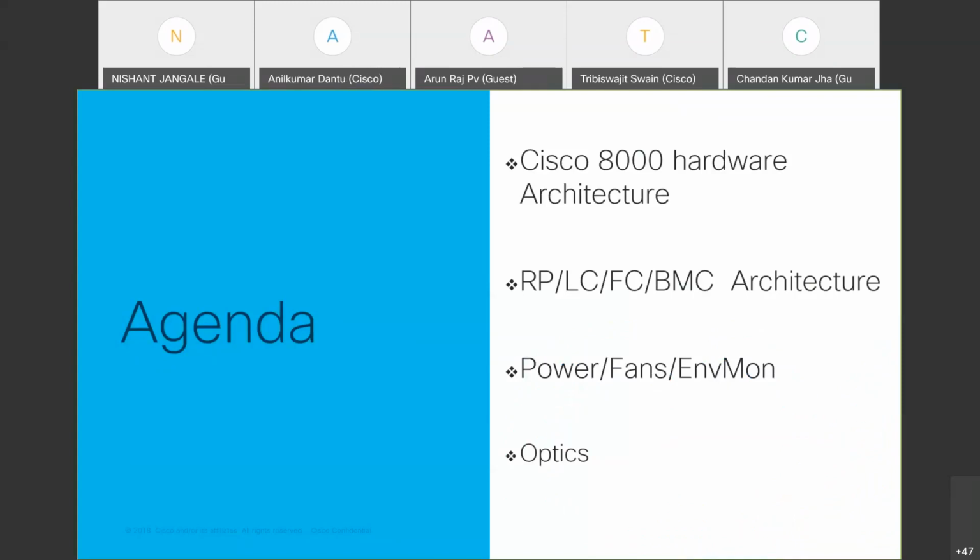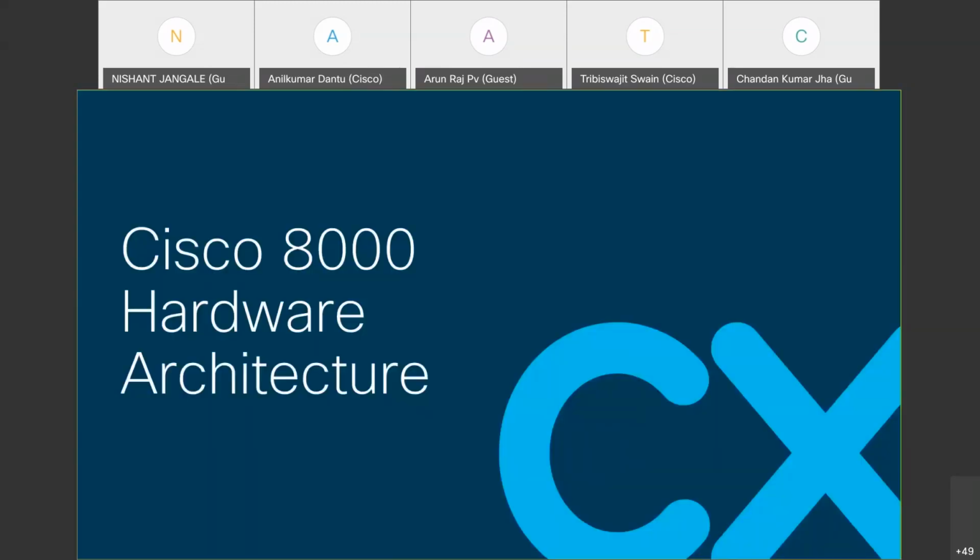During the session, in case you have any questions, please feel free to interrupt me, and we can take the questions during the session itself. Okay, Cisco 8000 series hardware architecture.